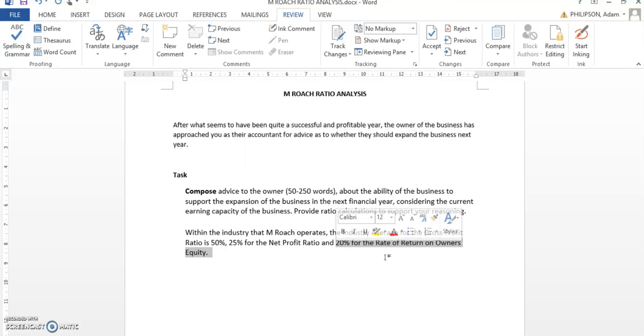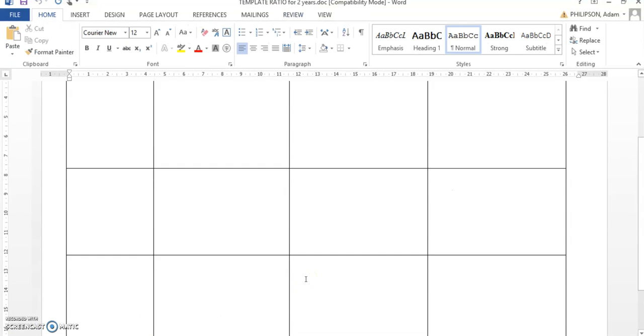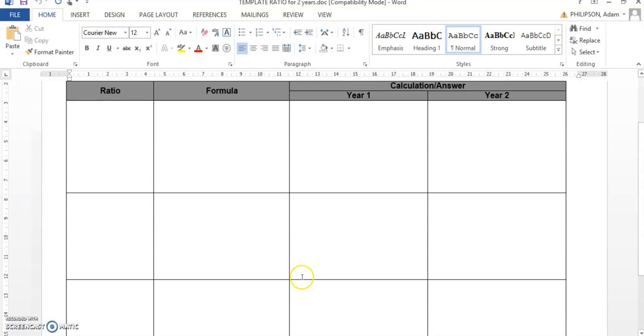If it was low, then no, you would focus on improving the net profit position before we embark on any expansion. So first things first, what you will have to do in your exam is, even though we might only focus on one ratio result, we need to calculate all three ratios as part of your exam response.